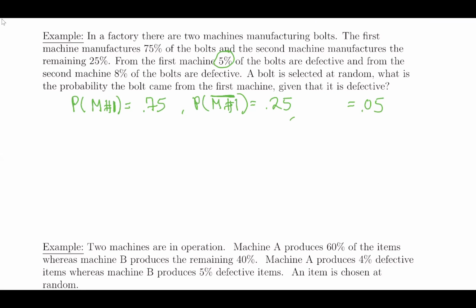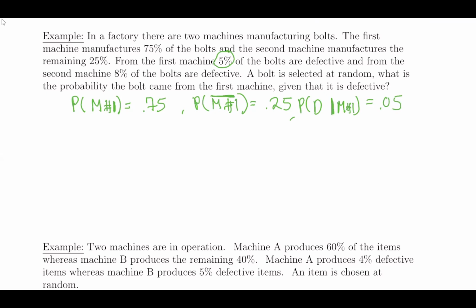If you look at this one, they're giving us what machine it comes from. So they're telling us if it came from machine number one, the percentage that is defective is 5%. If I already know the boat came from machine number one, I already know 5% of those boats are defective.